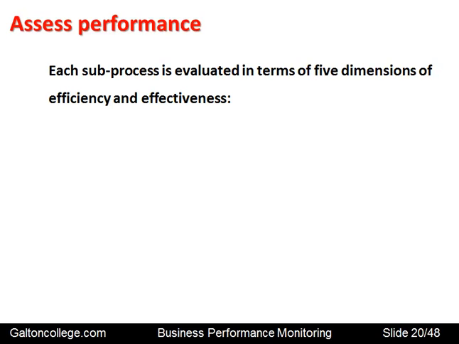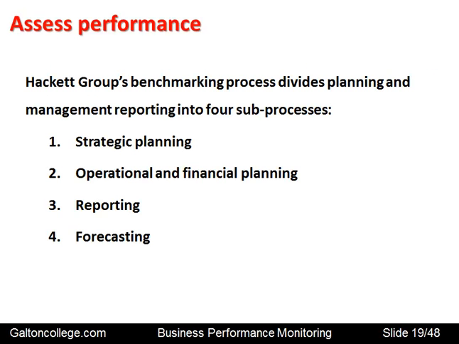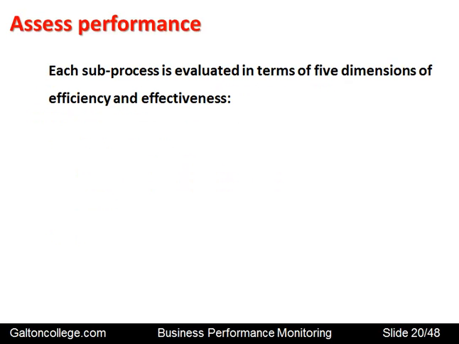Now, each sub-process is evaluated in terms of 5 dimensions of efficiency and effectiveness. So all of the processes, the strategic planning, the operational, financial planning, reporting, forecasting, we can delve more into these by looking at the dimensions of efficiency and effectiveness.